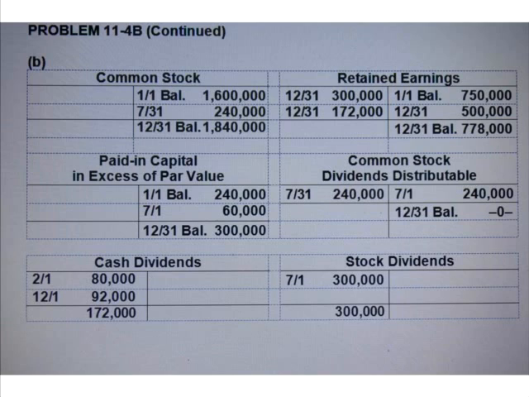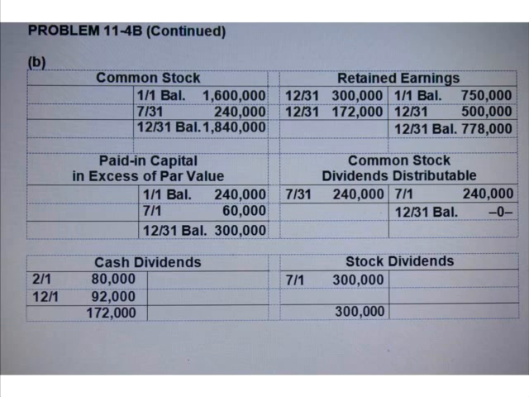If we look at the cash dividends account, we had a declaration on February 1st, another one December 1st, so the total cash dividend is $172,000. In terms of stock dividends, we had debited stock dividends for $300,000, so we have to post that.